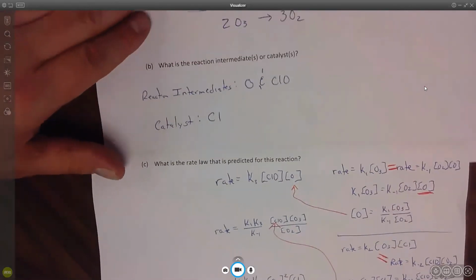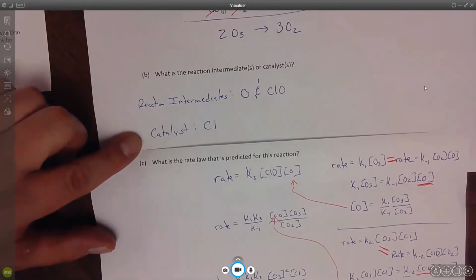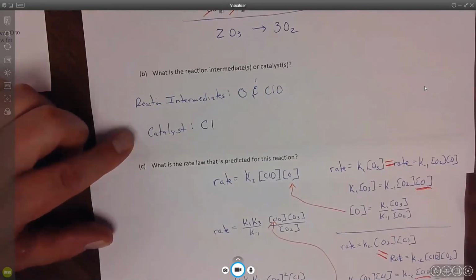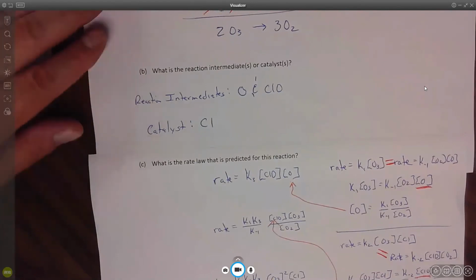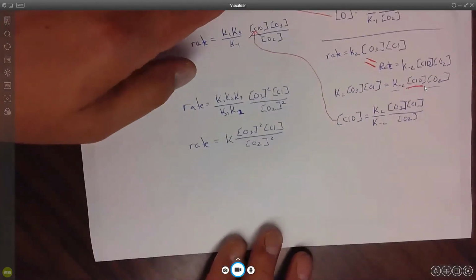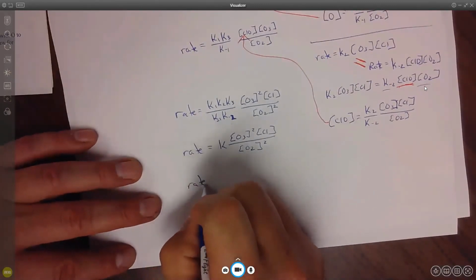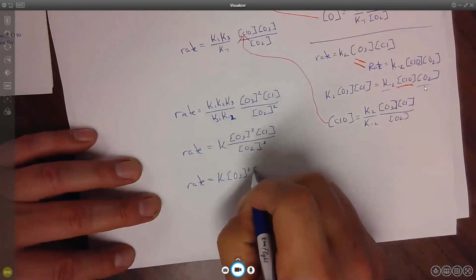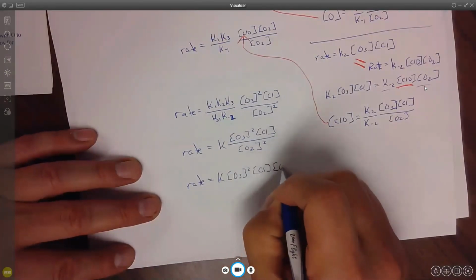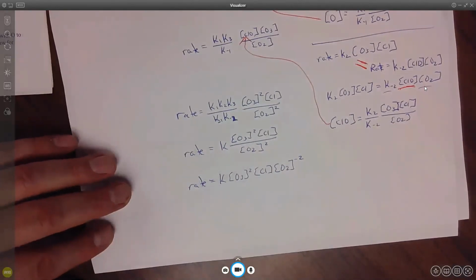We've already established that chlorine is a catalyst, and we know that the overall rate law can contain reactants, products, and catalysts. The only thing they cannot contain are the reaction intermediates. Okay, so we could write it like that, or you could write it as a single line. Rate equals K times O3 squared times chlorine times O2 to the -2. Either one is totally acceptable.